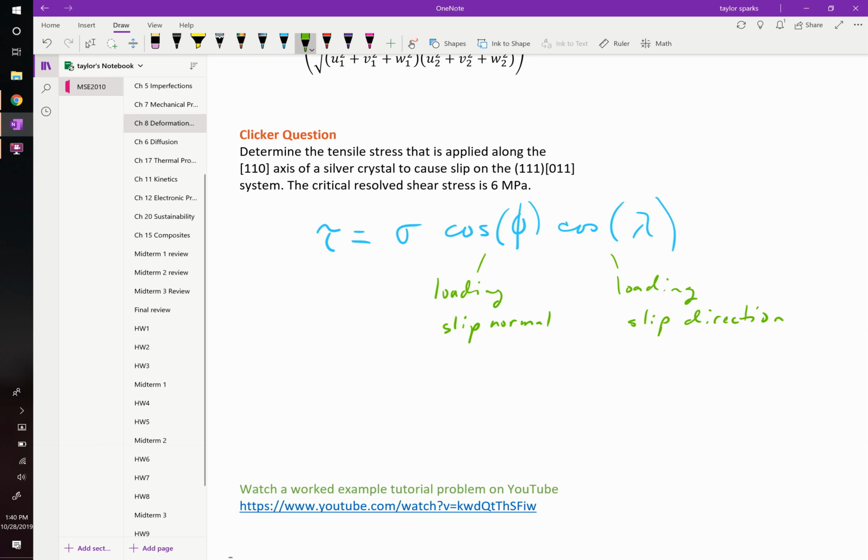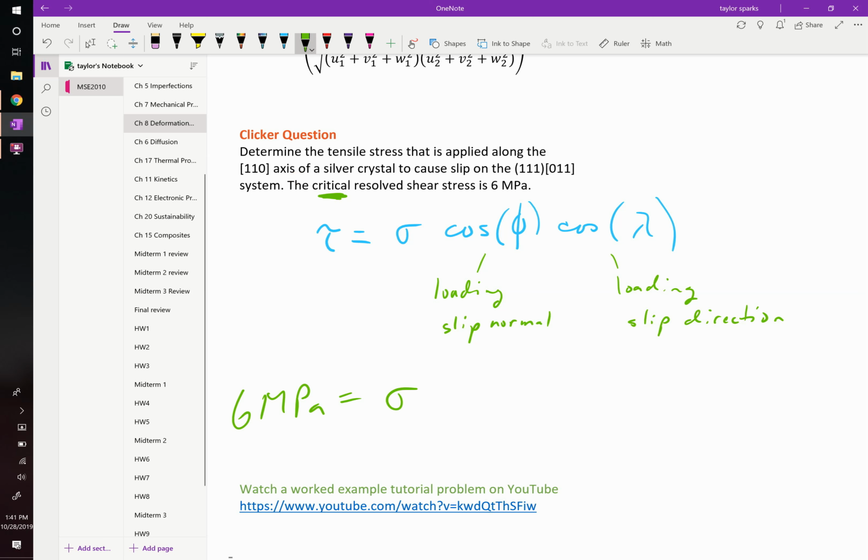This problem tells you there is a critical resolved shear stress. In other words, when this tau value equals 6 megapascals, these atoms will start to slide past one another in this crystal.